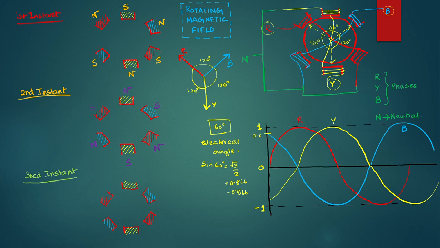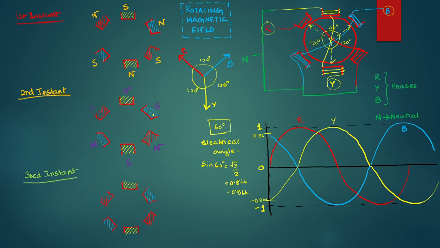So the value over here will be 0.866, and here also the value will be minus 0.866. From these two points, the Y phase and B phase will start, to keep the three phases 120 degrees apart from each other. So this is the concept of formation of three-phase sinusoidal waveforms.